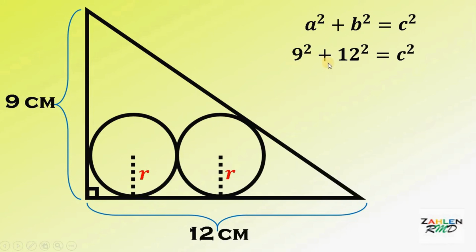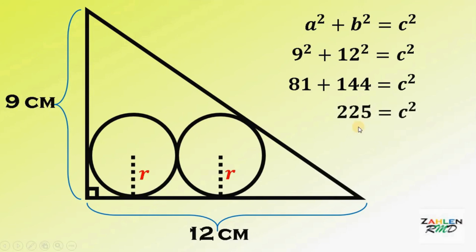We have 9 squared plus 12 squared equals c squared. Now, 9 squared plus 12 squared is simply 81 plus 144. 81 plus 144 is 225. Now, square root both sides and that will give us 15 equals c. Therefore, the hypotenuse of this right triangle is simply 15 centimeters.